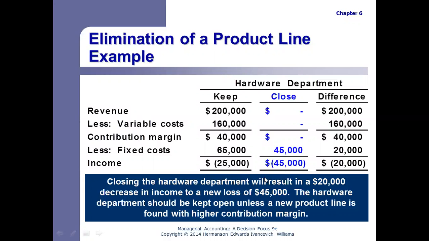However, if we could use that space in the hardware department to sell another product that makes more money, or expand another department into the space formerly occupied by the hardware department, and that expanding department has a higher contribution margin, then we should get rid of the hardware department and expand either a new department or the existing departments to cover that space. So you have to look at that as well.